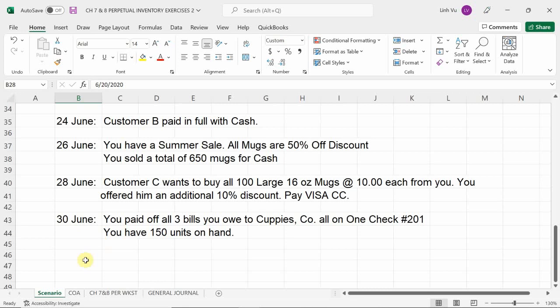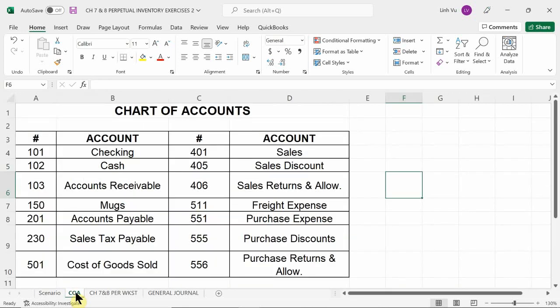Okay. So what happens when they pay with a Visa credit card? Where does the money go? Don't we always think it's checking when we get paid by the credit card?